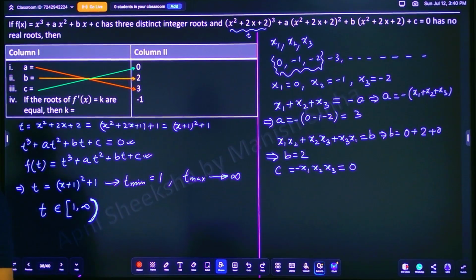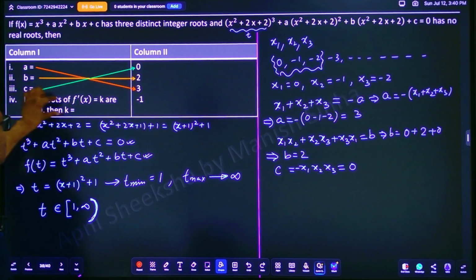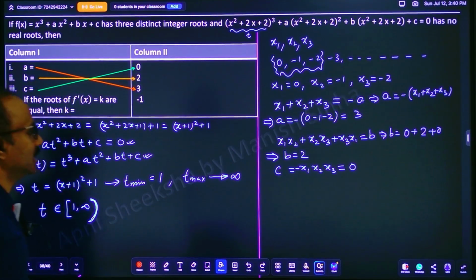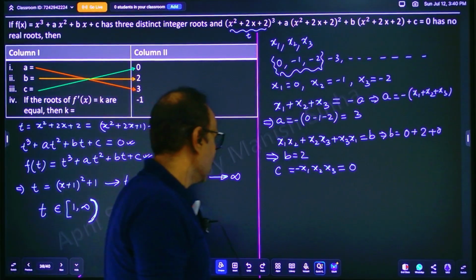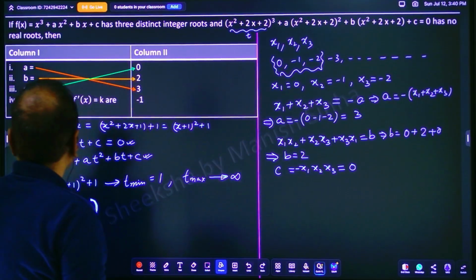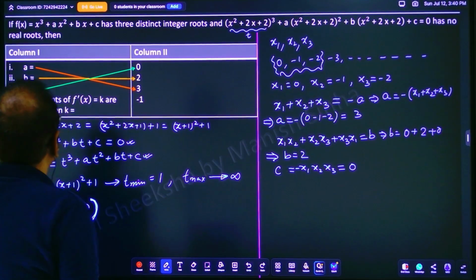So these three you got. Fourth one is directly your answer, but you must verify how it can be concluded. What is given in it?